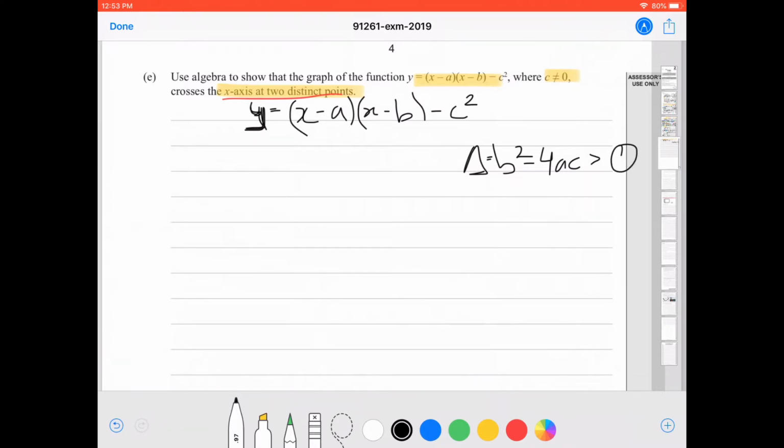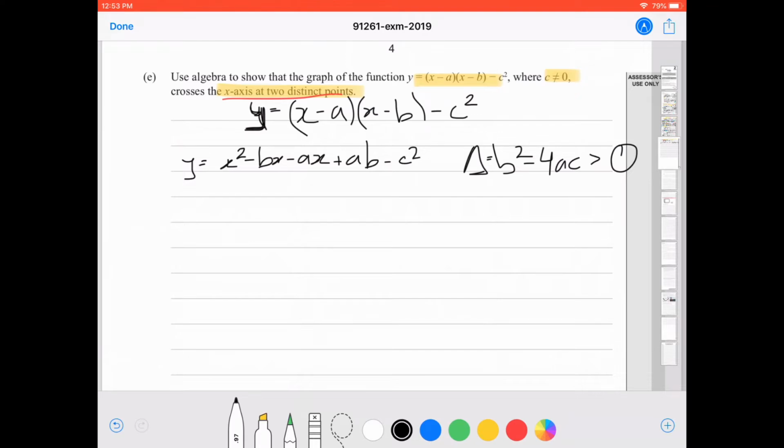And so what is our discriminant? We need values for a, b, and c here. And our function is in factorized form. So let's expand it. We're going to say y equals x squared minus bx minus ax plus ab and minus c squared.